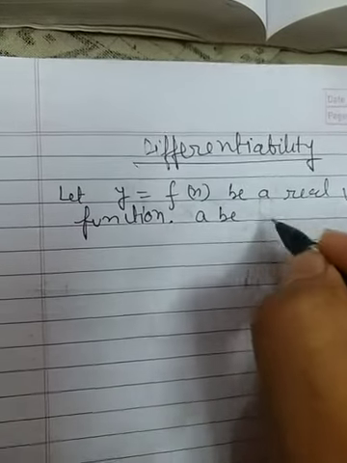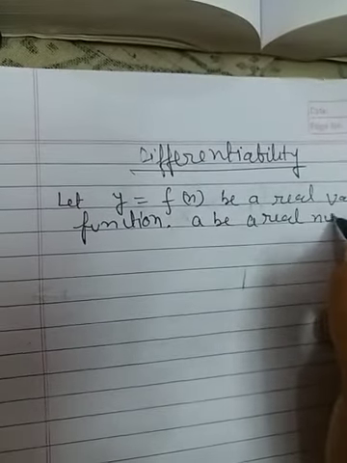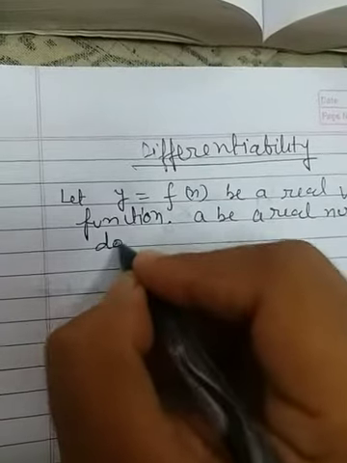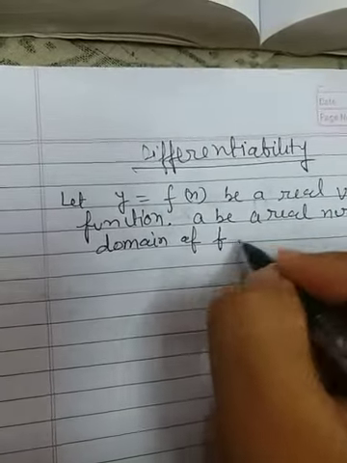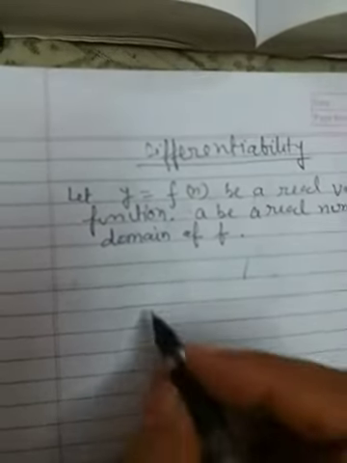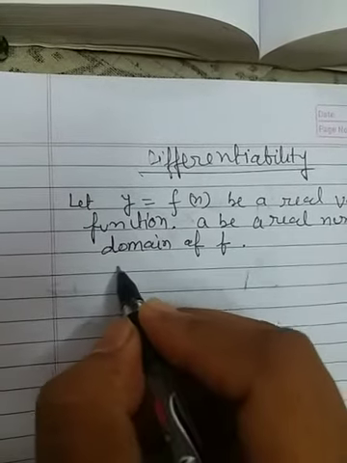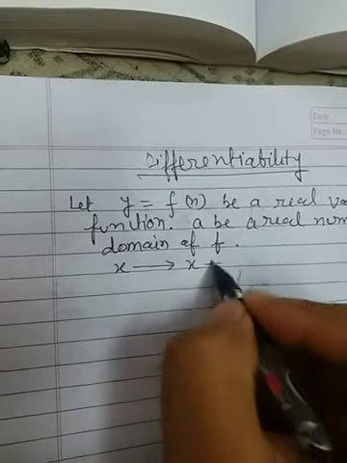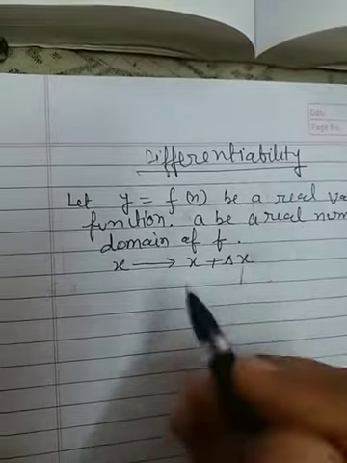Let a be a real number in the domain of f. Now if you are going to change x by x plus delta x, that is a very small change we are going to make in x.